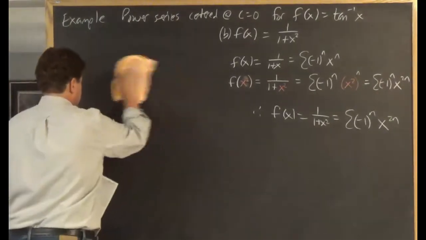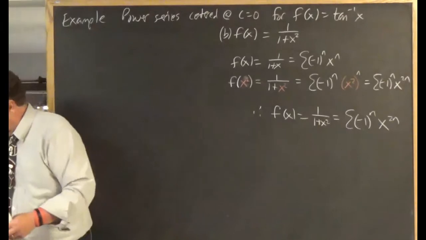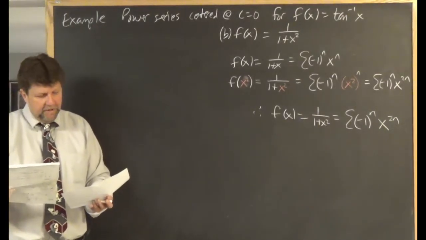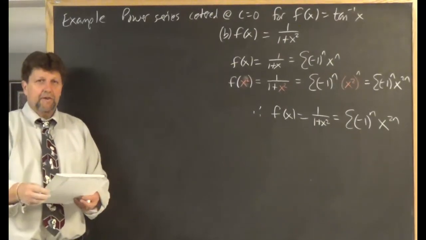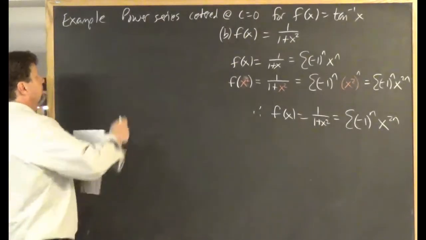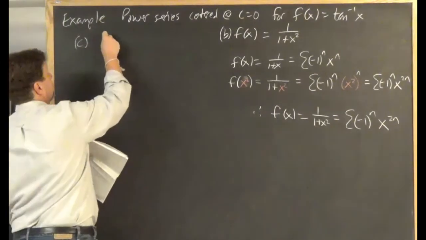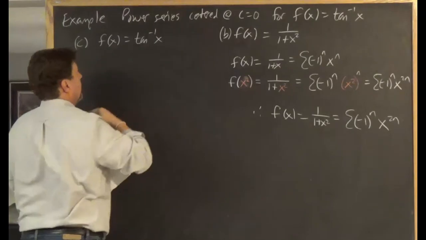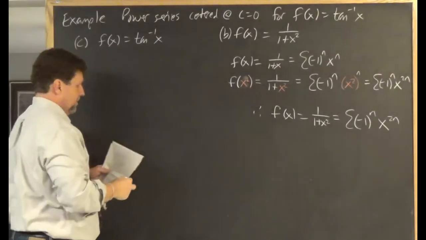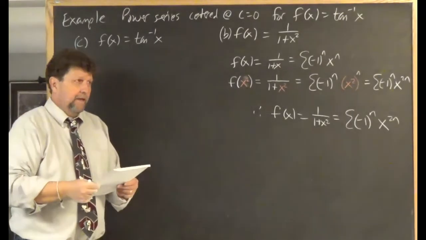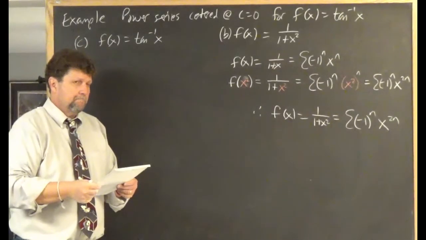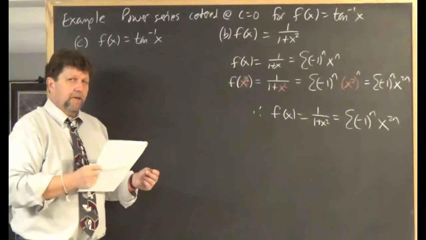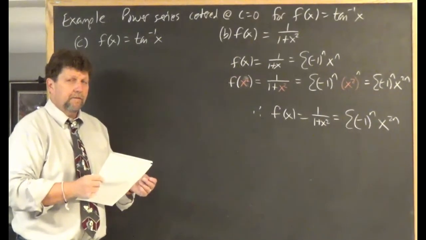How does that help us do part C? Part C was get a power series. Oh, now we're going to get a power series for inverse tangent. Well, don't we know the derivative of inverse tangent is 1 over 1 plus x squared?